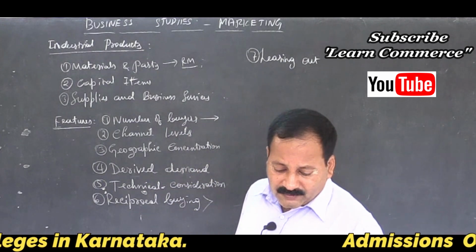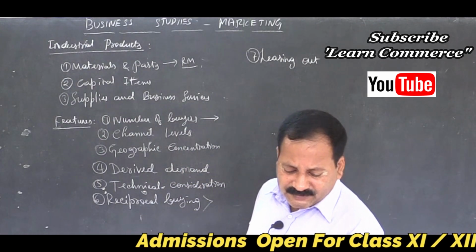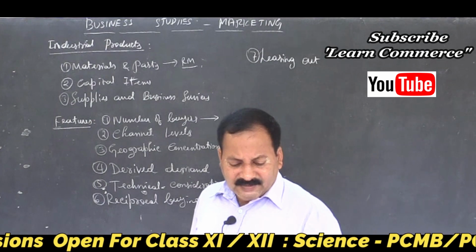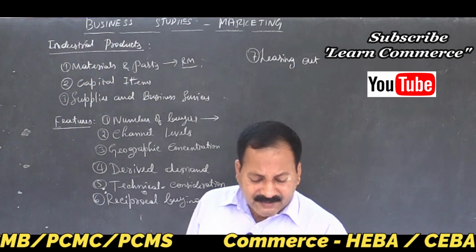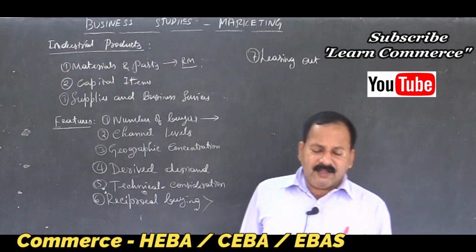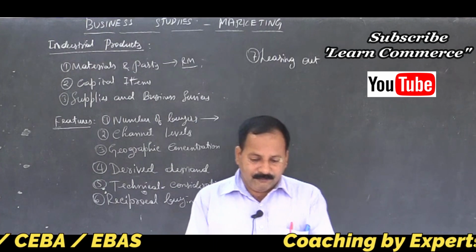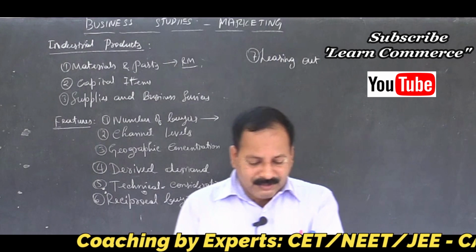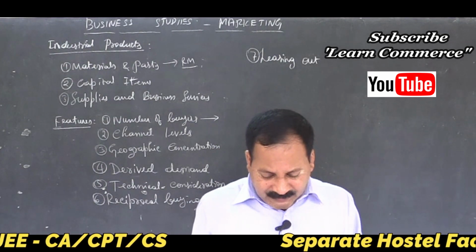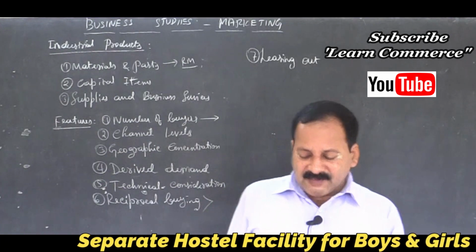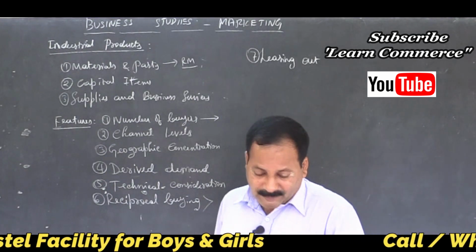They are called capital items, isn't it? Then supplies and business services facilitate developing or managing the finished product, like a computer, stationery, writing paper, lubricants, isn't it? These come under supplies and business services.